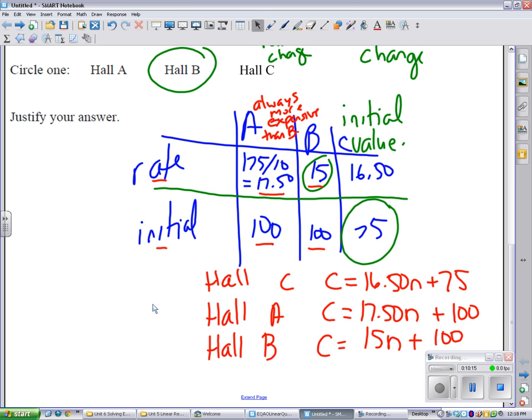I can use these equations to also determine the cost for a certain number of people. So the cost for each of these different halls, if you're going to have 35 people, what would the cost be?